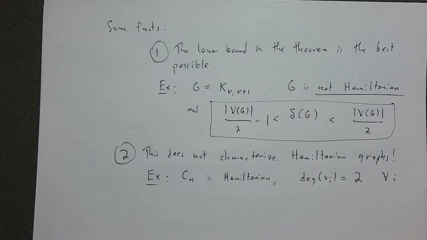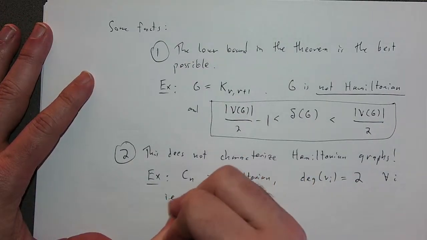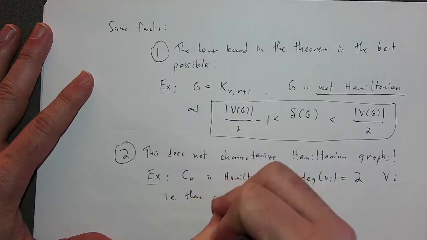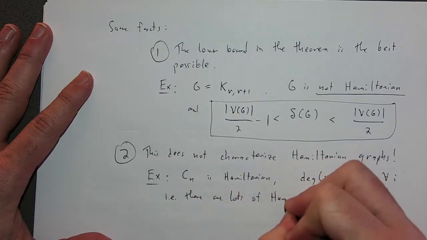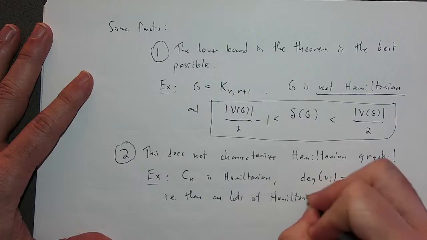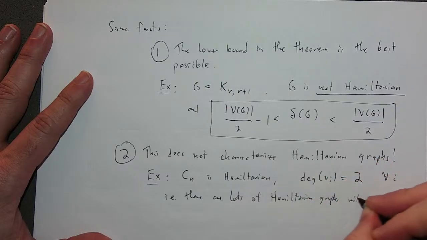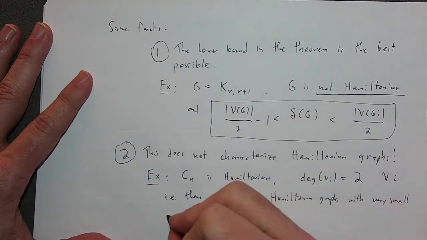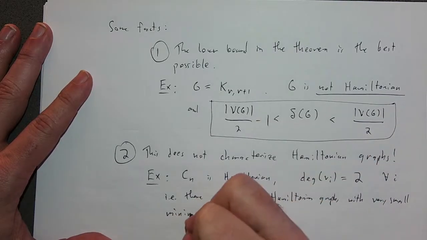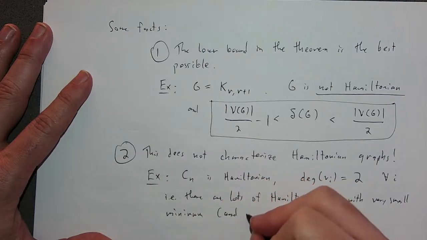So, i.e., there are lots of Hamiltonian graphs with very small minimum and even maximum degree.